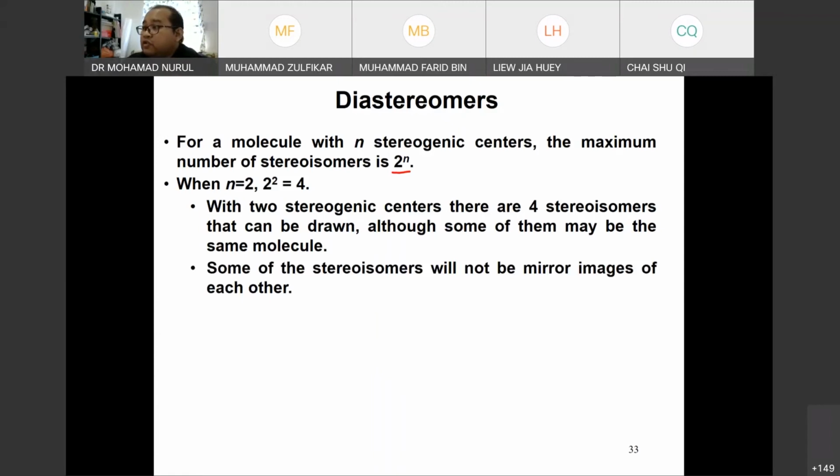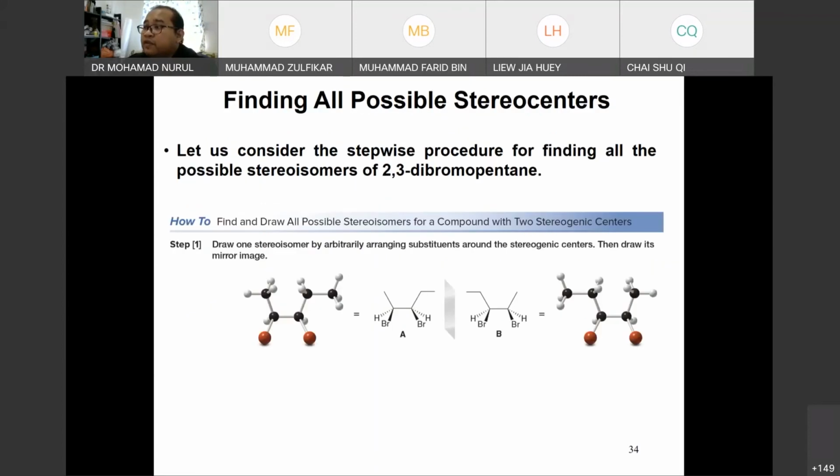Some stereoisomers will not be mirror images of one another. Diastereomers are stereoisomers that are not mirror images.